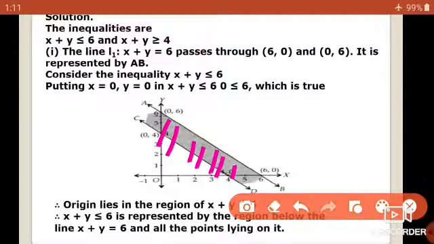Now check 0 plus 0 greater than 4. Is the condition true? No, it is wrong, so you have to shade away from the origin. Now which is the common portion? The portion between these two lines is the common portion for both lines, so that is the solution for this inequality.